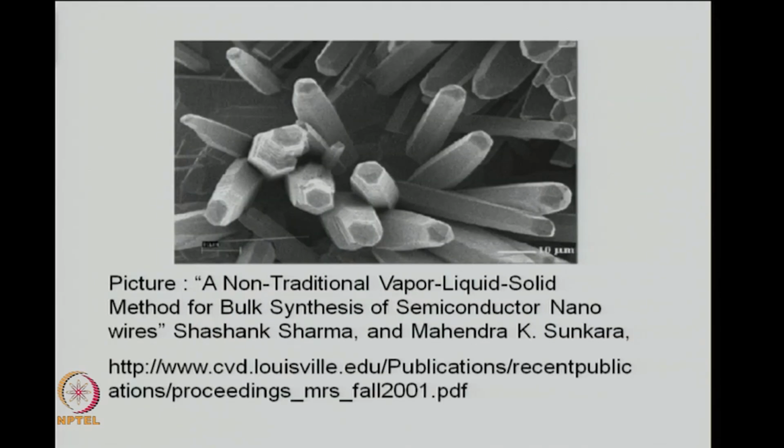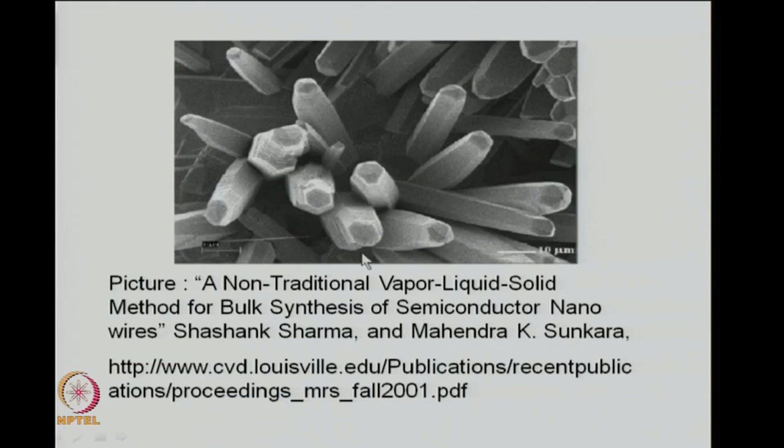This is a special type of nanorod of zinc oxide. The title of this work is a non-traditional vapor liquid solid method for bulk synthesis of semiconductor nanowires, and it shows facets very clearly.